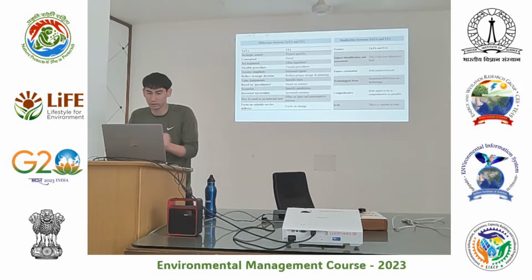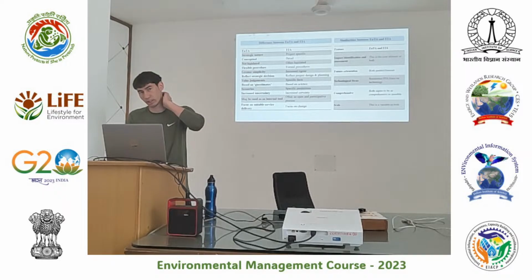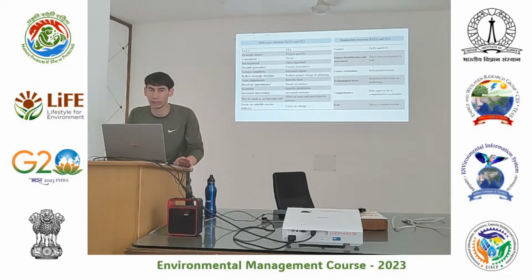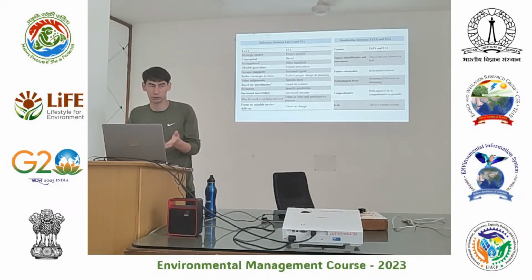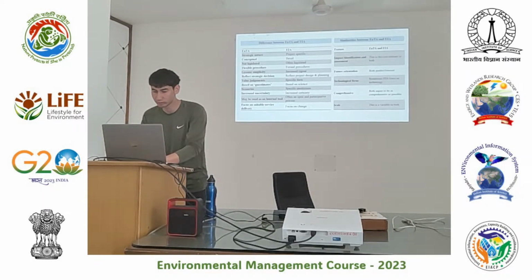Technological focus: sometimes EIA focuses on technology, but ENTA is all about technology. Comprehensive: both aspire to be as comprehensive as possible. Scale is variable in both. ENTA can be large scale or small scale, and EIA also, both are variable.